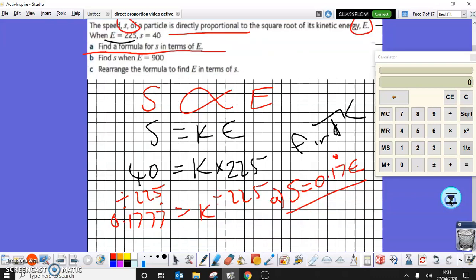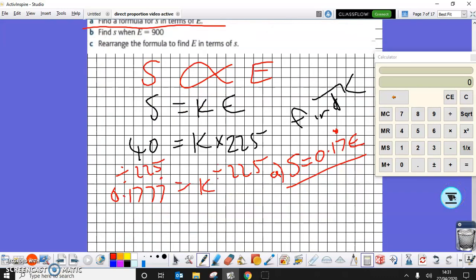B. Find S when E is 900. So again, utilising the formula we've just done, S equals 0.17 recurring of E. Remembering again this is times.